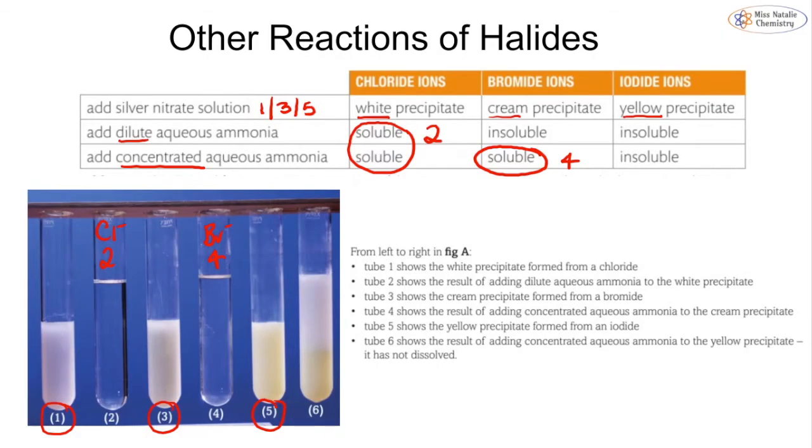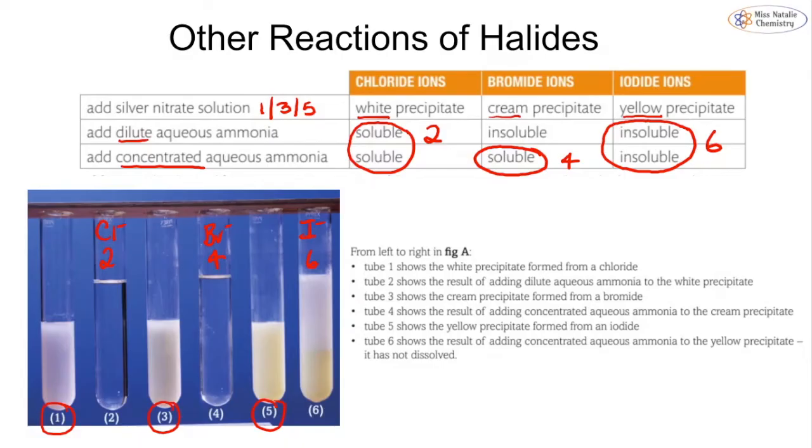And for the iodide, usually the iodide is quite easy to see because it is quite yellow, but we always just double check. And what we see if we add dilute or concentrated is that both are insoluble. And that's what we see in test tube 6. So this is our iodide.